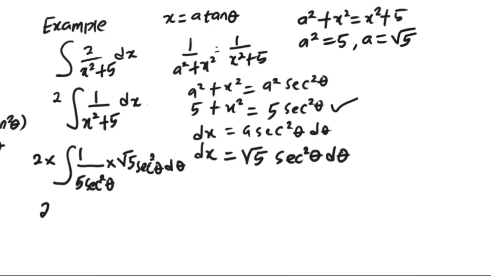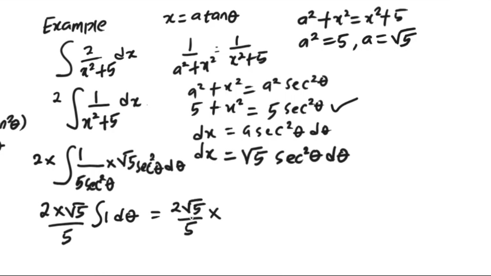So this gives us 2 multiplied by, we can factorize root 5 over 5 out. So that will be 2 times root 5 divided by 5, sec squared theta will cancel sec squared theta, integral of 1 d theta. So this will give us 2 root 5 divided by 5 multiplied by, if you integrate 1 with respect to theta, you get theta plus arbitrary constant c.